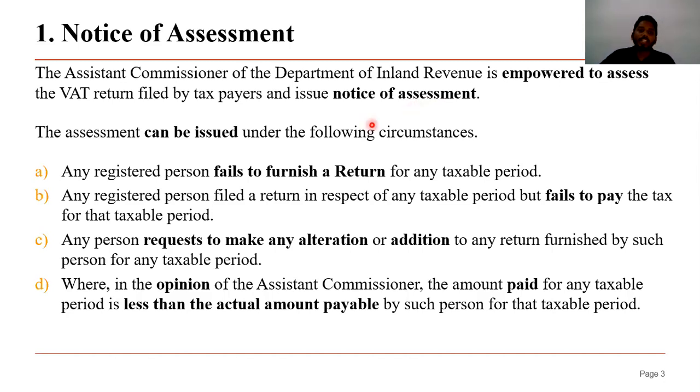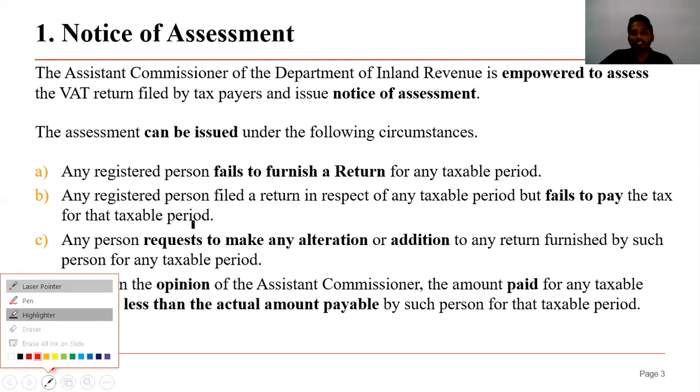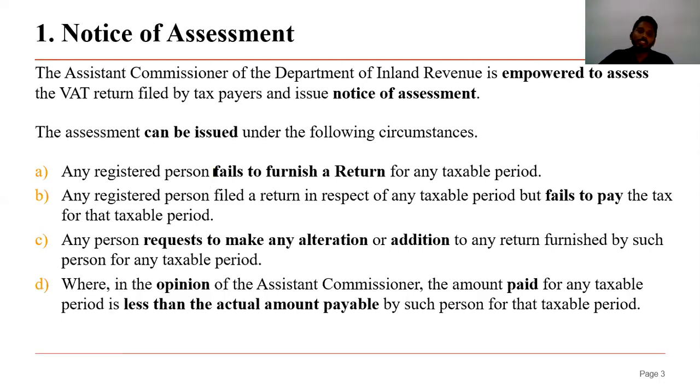That is the normal assessment procedure. The assessment can be issued in the following circumstances. First, any registered person failed to furnish a VAT return. If you couldn't file, let's say for one period, one quarter, or else your taxable period is one month and you didn't file the VAT return, then the commissioner can issue an assessment mentioning your taxable supply and that you need to pay VAT.